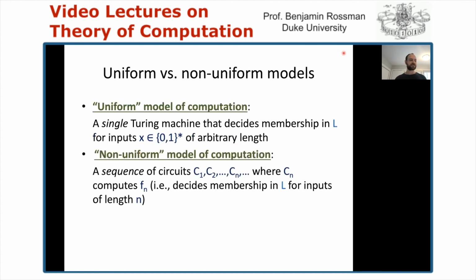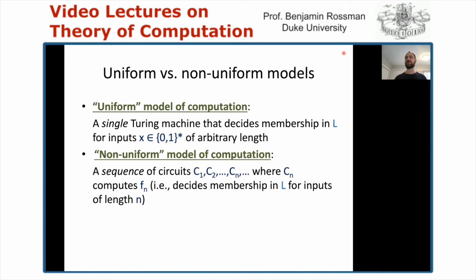Here there's an important distinction that we make in complexity theory between uniform and non-uniform models of computation. So far you've encountered various uniform models of computation. For instance, a single Turing machine, which decides membership in a language L for inputs of arbitrary length. You can run that Turing machine on inputs of any length.